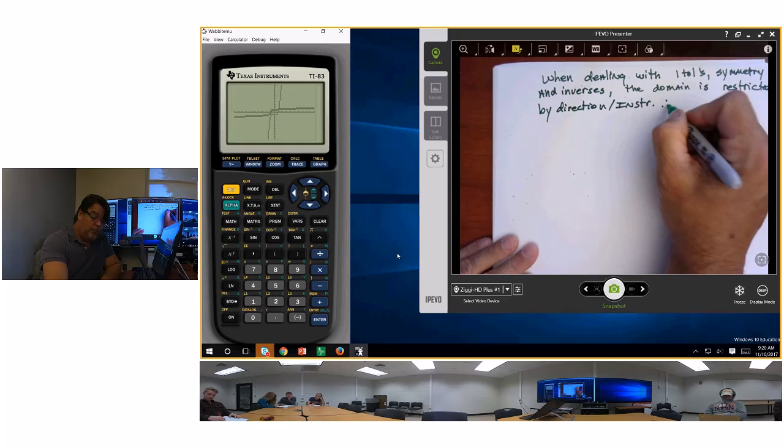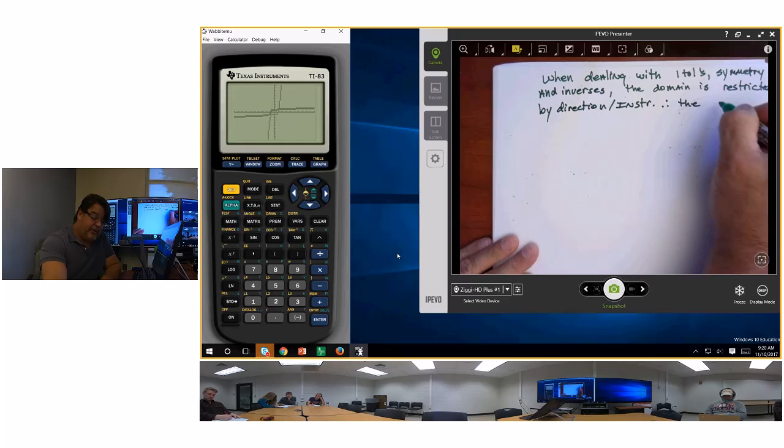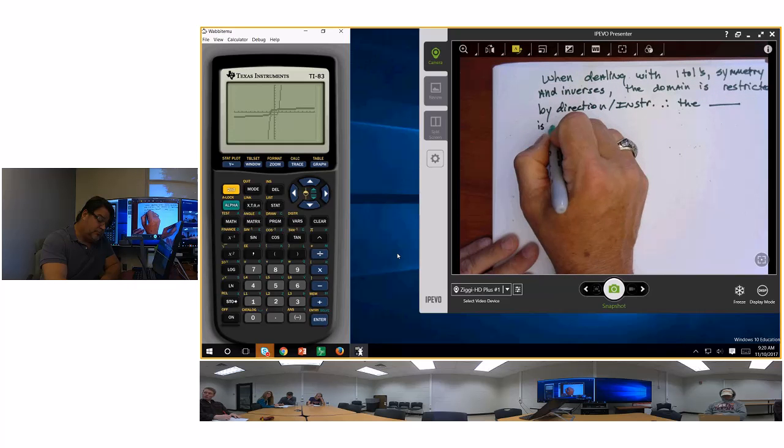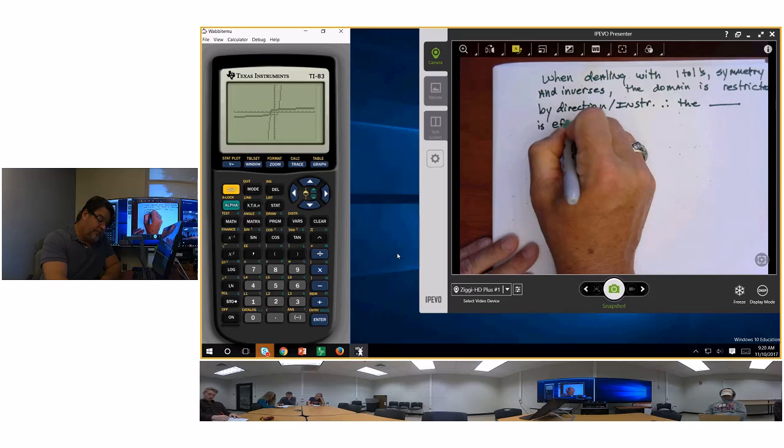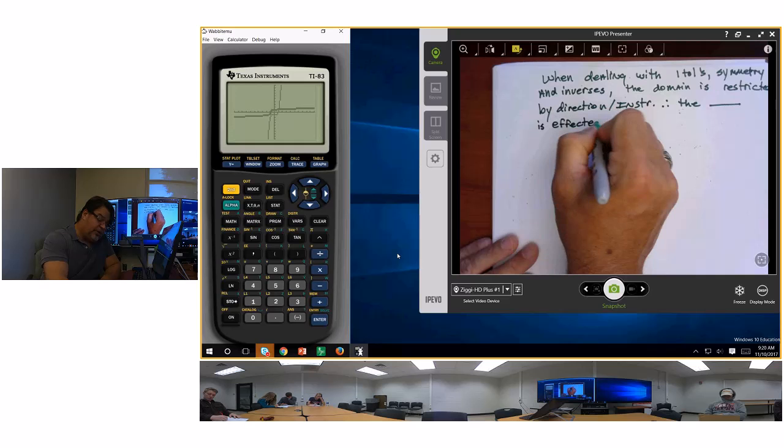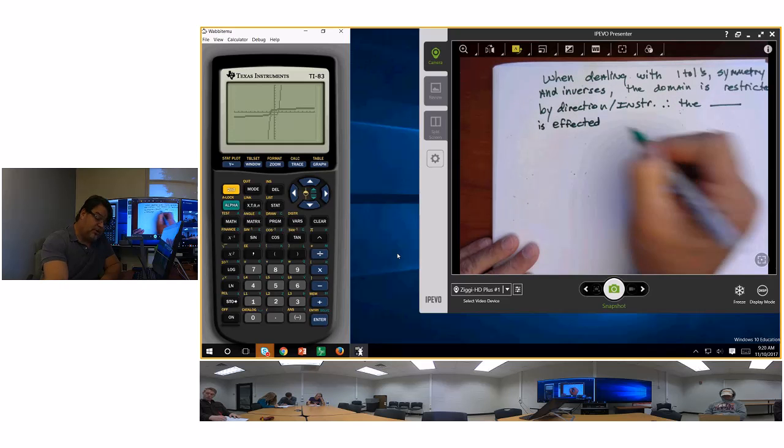Therefore, the what is affected also? If the domain is affected, what is also affected? The range. Good.